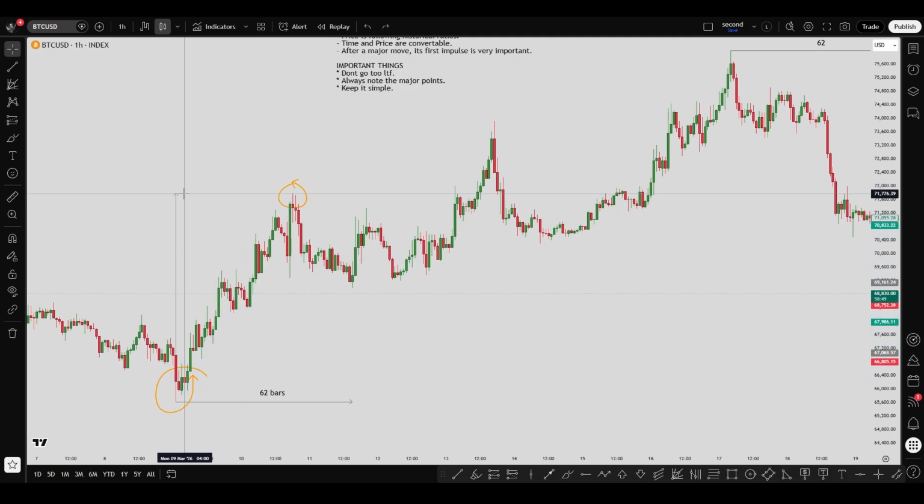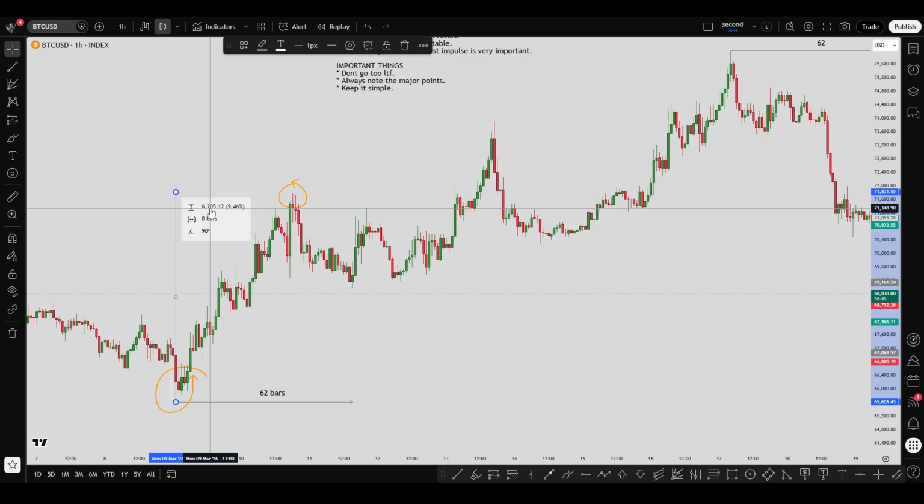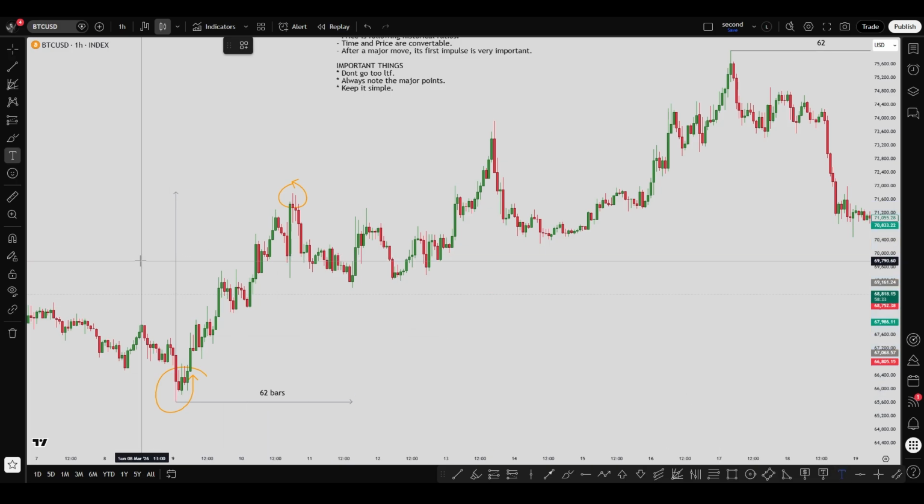So this is a swing. And the distance is, as you can see, 6,205. But because we're considering the 100th conversion, we get 62. So this is not 6,200. This is 62 in price, okay?